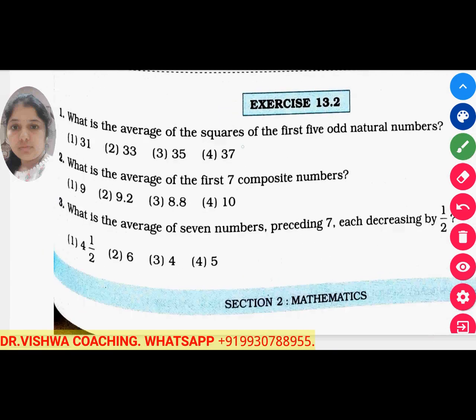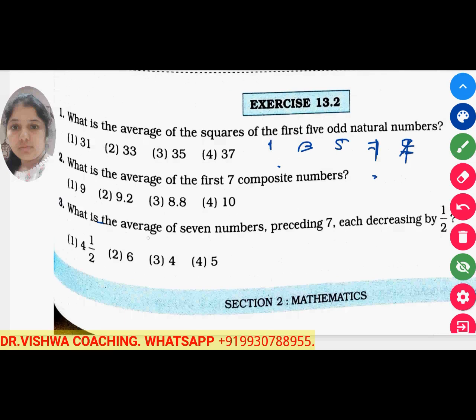Now see, average of squares of first 5 odd natural numbers we have to find out. So you must know which are the first 5 odd numbers. So 1, 3, 5, 7 and 9 are the first 5 odd numbers. Now you just do the square of them, add them and divide it with 5, so you will get the average. Again same thing, first 7 composite numbers you have to find out and you have to find the average of them.